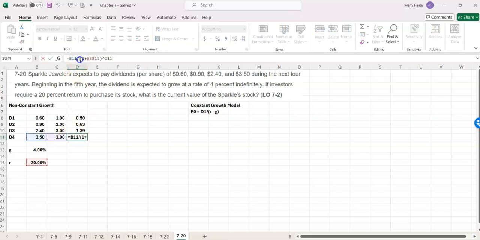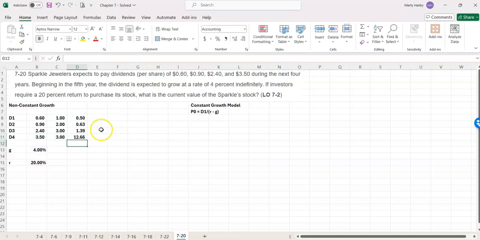But what I do is I come over here and put parentheses and a slash, and here it's my dividend divided by R minus G, so 20% minus 4%. Again, this calculation right here is going to give me the price in year 3. That's why there's a 3 here. I'm present valuing back 3 years.